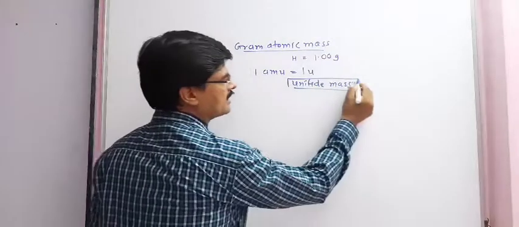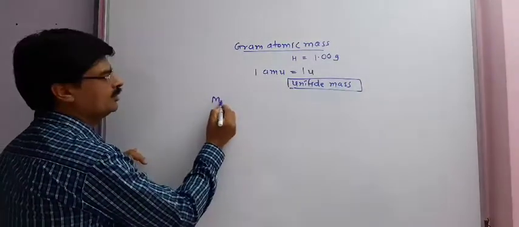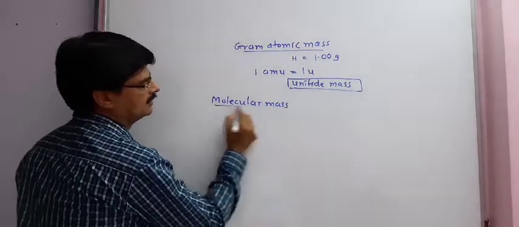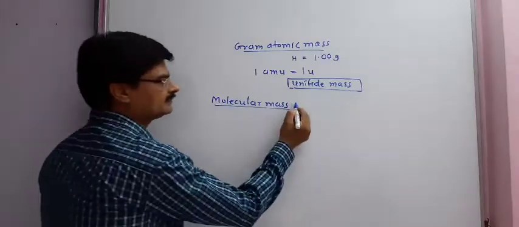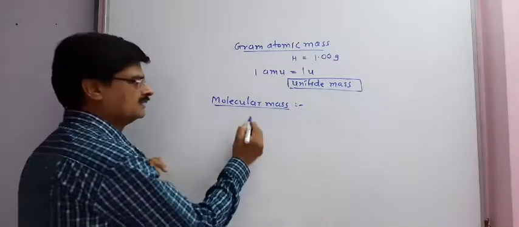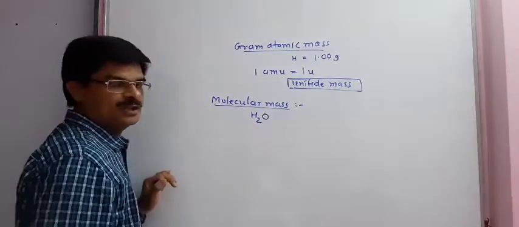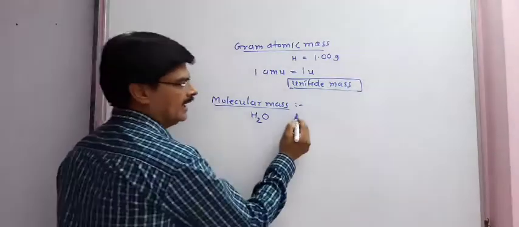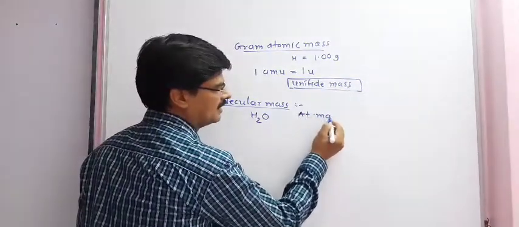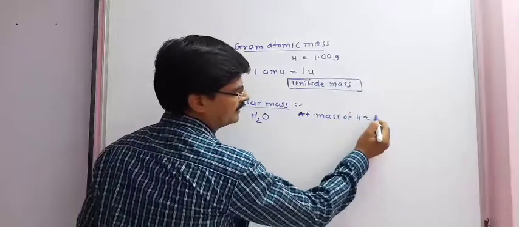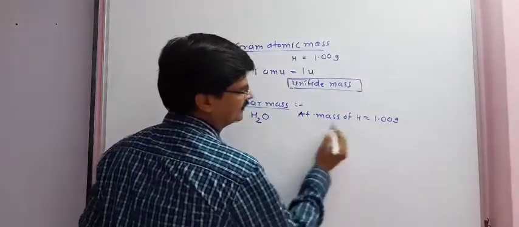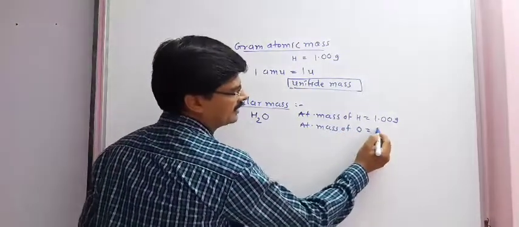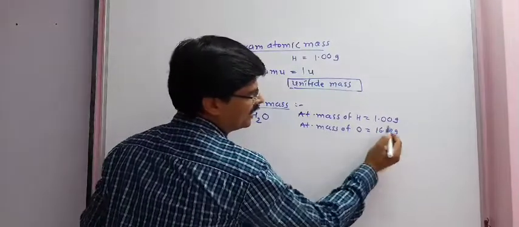Now we will understand molecular mass. What is molecular mass? Take the example of water, H2O. If we have to find the molecular mass of H2O, the atomic mass of hydrogen is given as 1.00 gram, and the atomic mass of oxygen is 16.00 gram.